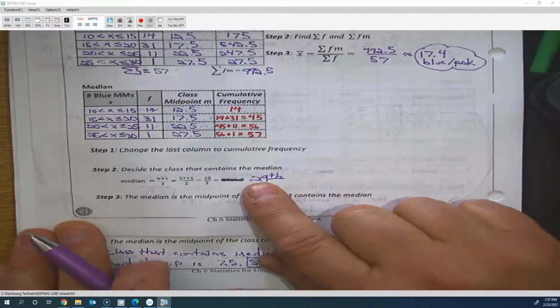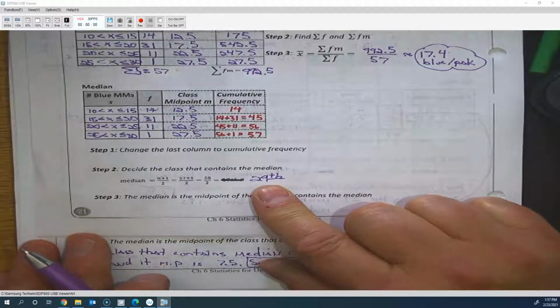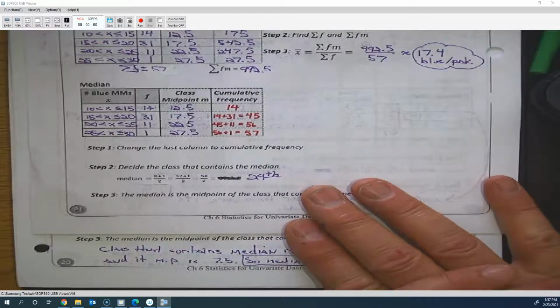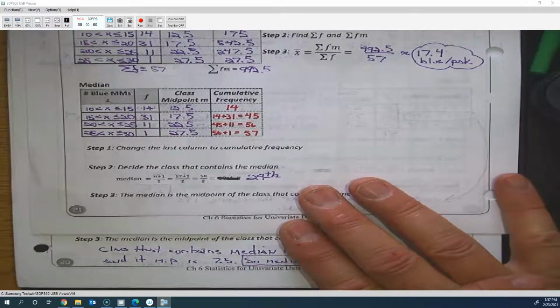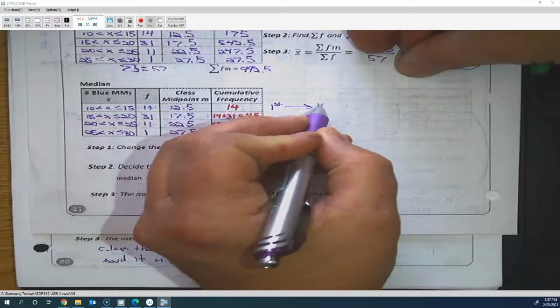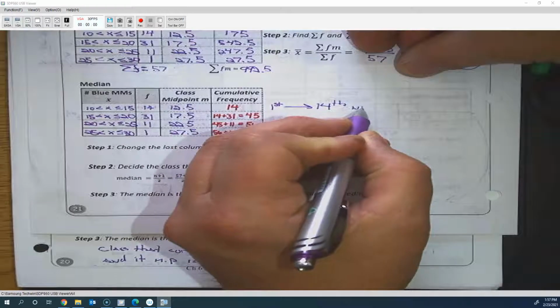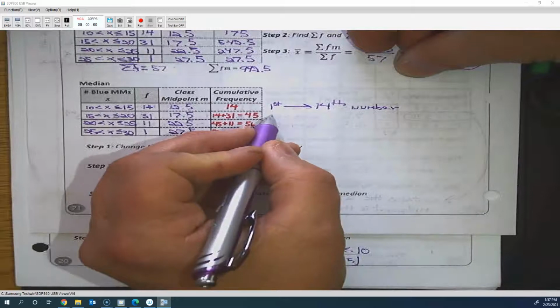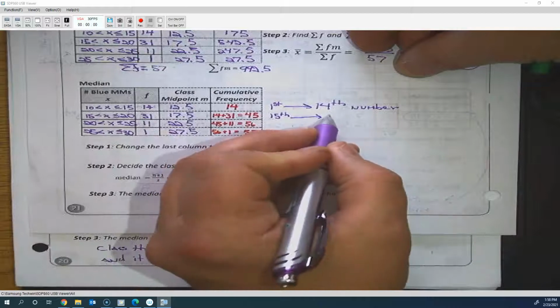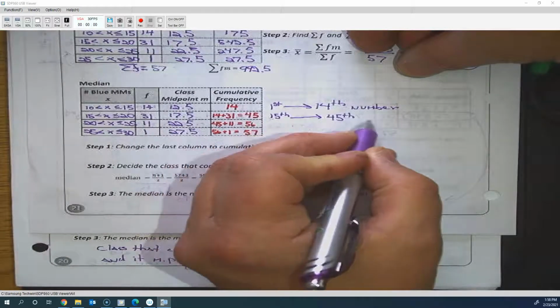Okay, now the 29th number. What class is it going to be in? This is the first to the 14th number. And this one here is the 15th through the 45th number. So it's going to be in that class.